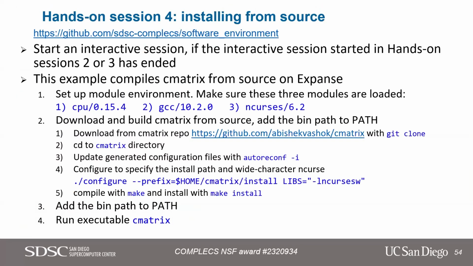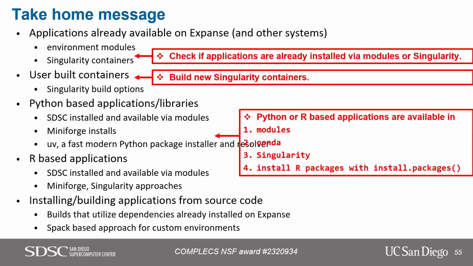And here is the last hands-on session I have, which is about building applications from the source on Expanse. And here is the take-home message before we go to the demo session and the Q&A.